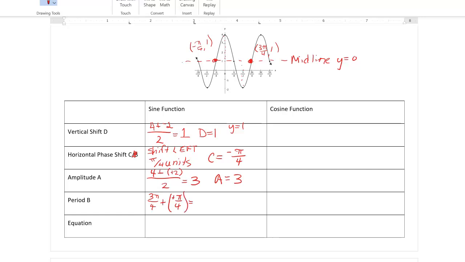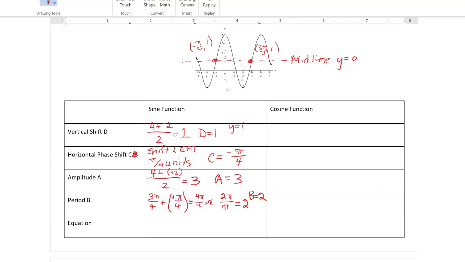So that's going to be 4pi/4, or a length of pi. So to find out what B is, we're going to have to take 2 pi and divide that by that period of pi. So that's going to give us our B unit is going to be 2. So this means B is going to be 2.